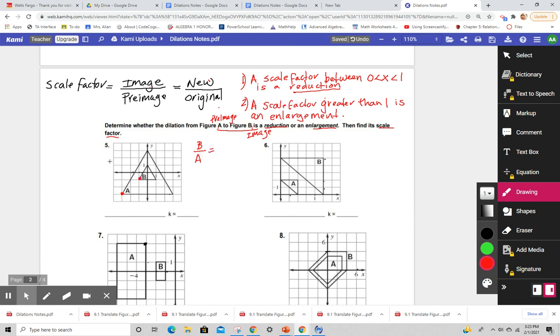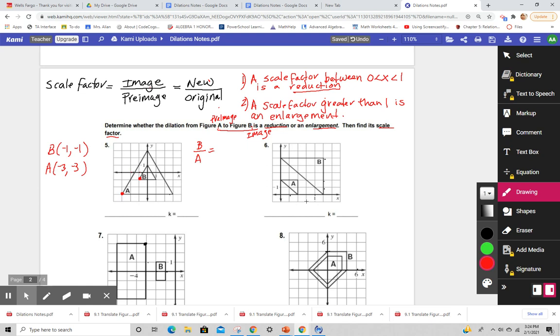Let me find where this point is located. The coordinates of this point, B, are -1, -1. The coordinates of this point here, A, are -3, -3. The only thing I need to do is take the ratio of their x coordinates or the ratio of their y coordinates.